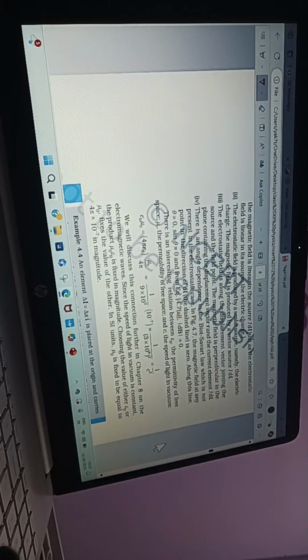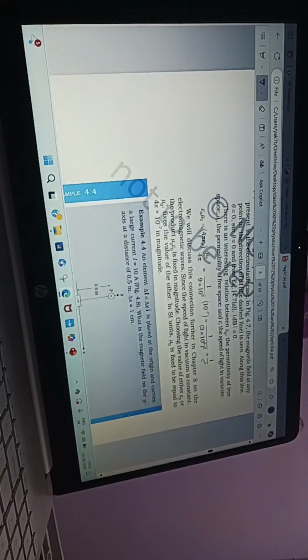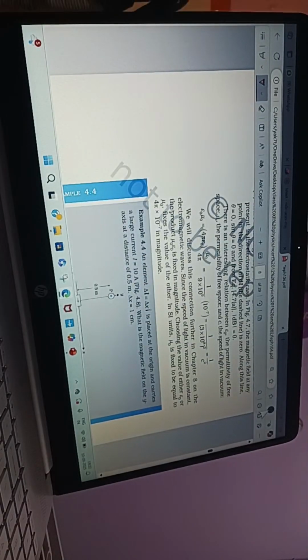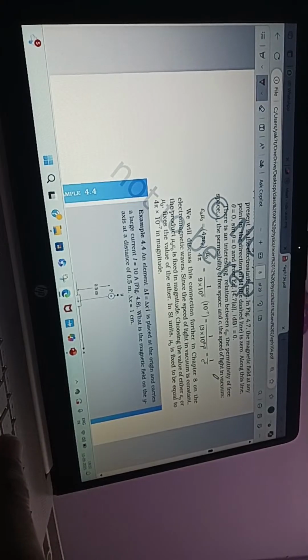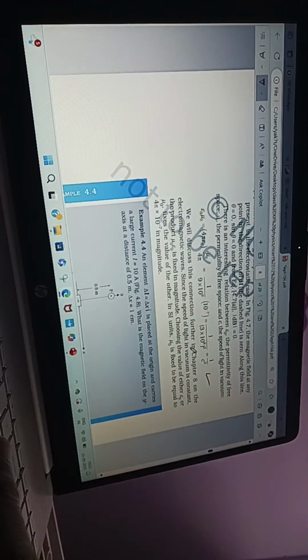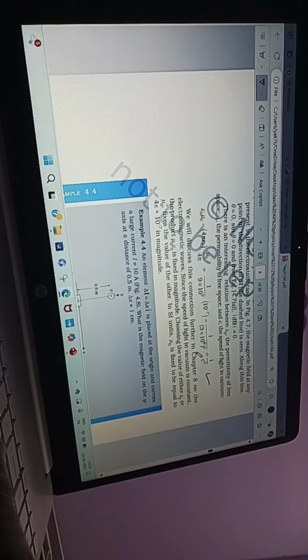This is the one equation that is coming. This is the one derivation always coming in the exam. What is the derivation? Show that epsilon naught mu naught is equal to 1 by c square. You know this derivation is taught in school?